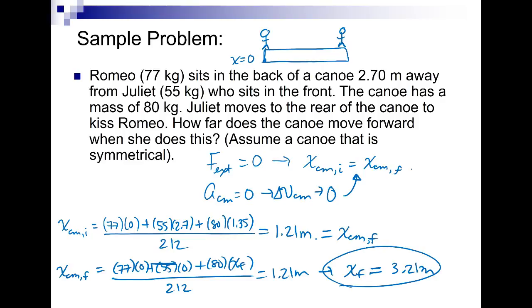And there's actually one more thing that I want to show you, and this is something useful for solving elastic collisions. Okay, so this is actually a quick way to solve elastic collisions using the center of mass of the system. Okay, and remember we had a problem earlier where a 1.5 kilogram object moving at 1.5 meters per second hit a 0.5 kilogram object, and then they moved off in two different directions.